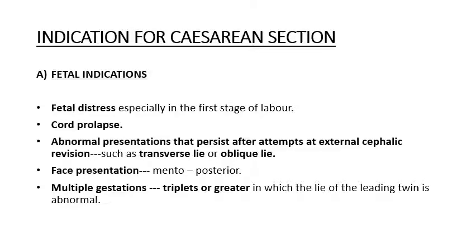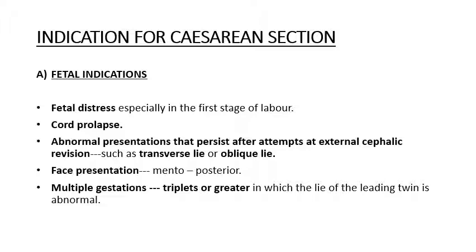Presence of cord prolapse. Cord prolapse is when the umbilical cord is the presenting part of the fetus after the membranes are ruptured. Abnormal presentation that persists after attempts at external cephalic version, such as transverse lie or oblique lie, face presentation, and multiple gestations.